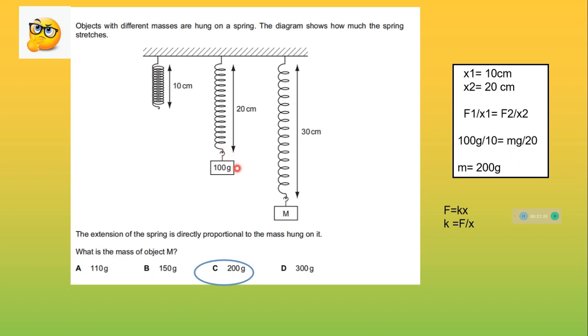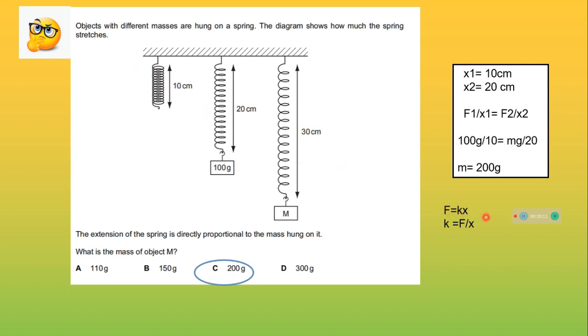When a mass of 100 gram is hung at the other end, the total length of the spring becomes 20 centimeter. It means the extension is 20 minus 10 centimeter. In case 3, we have to calculate this mass m, and the total length of the spring is 30 centimeter. It means the extension is 30 minus 10, 20 centimeter.